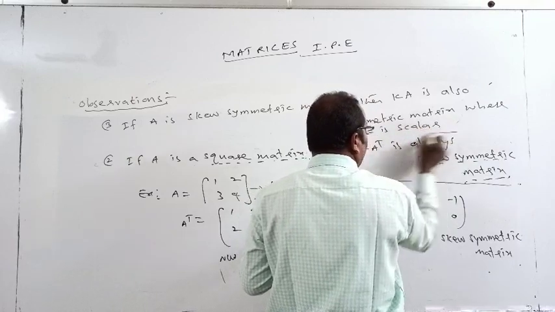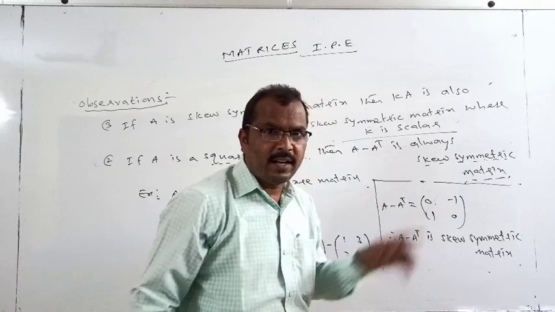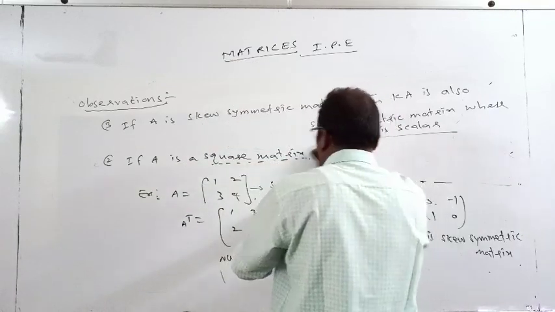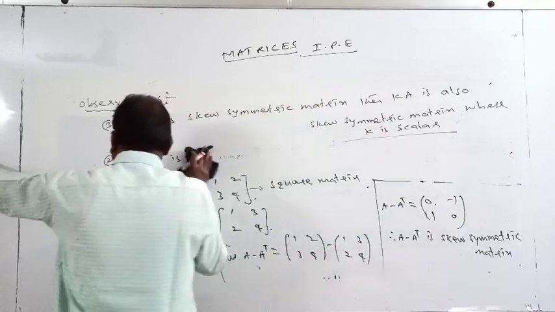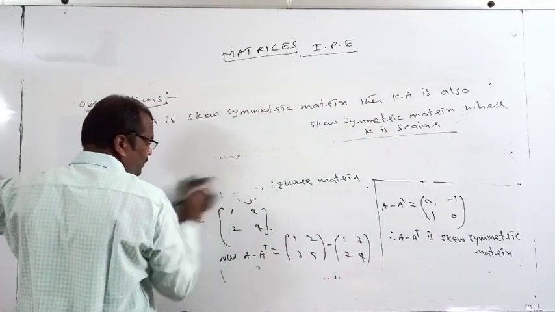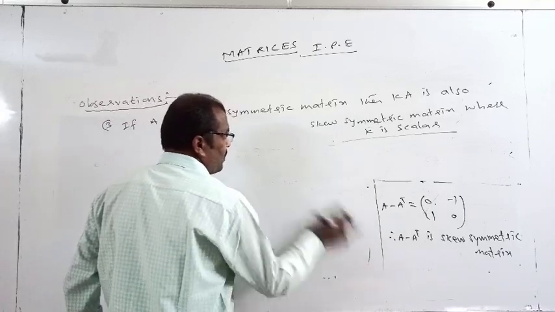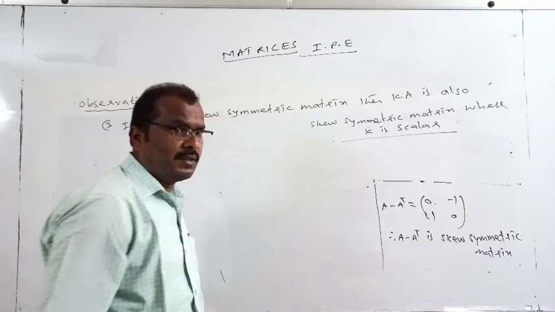What is the meaning of scalar? Scalar means any real number. So scalar multiplication does not disturb the nature of the skew symmetric matrix. It does not change the skew symmetric property.